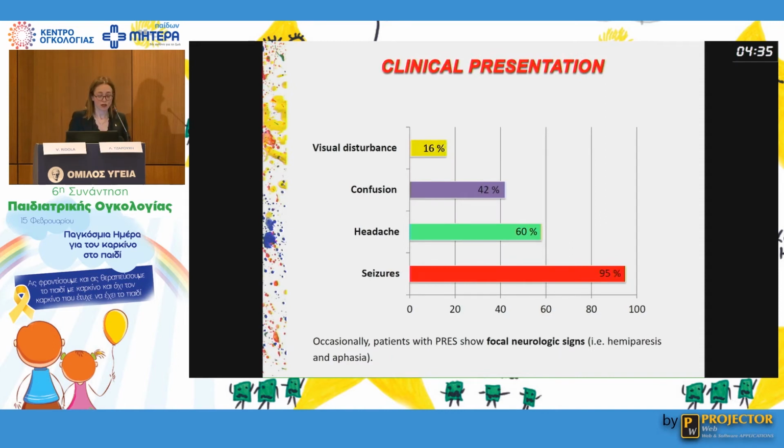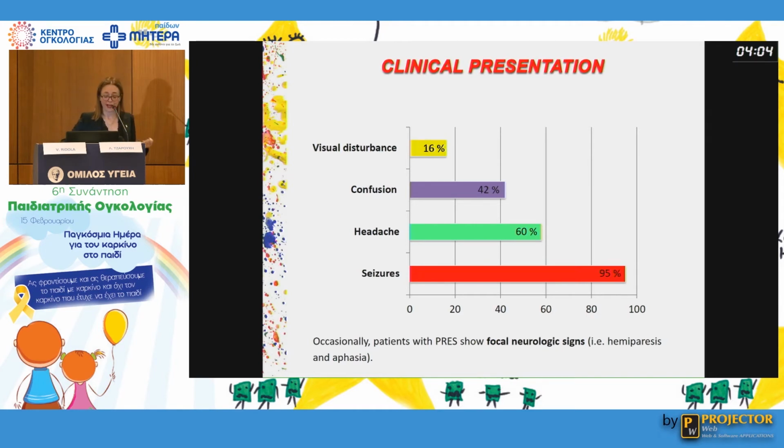Clinical presentation. Generally, these patients present with seizures that can be preceded by headache and different degrees of impairment of consciousness, up to confusion. The child can complain about visual disturbance, generally cortical blindness, blurred vision or hemianopsia.